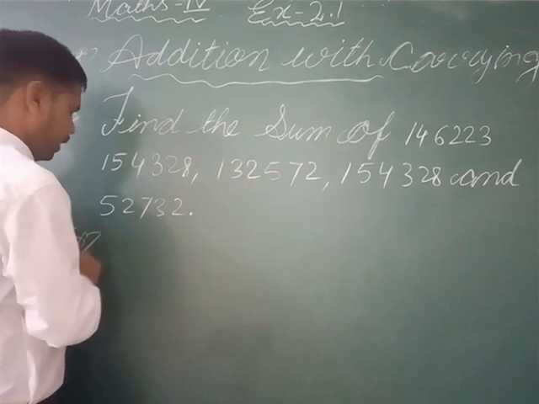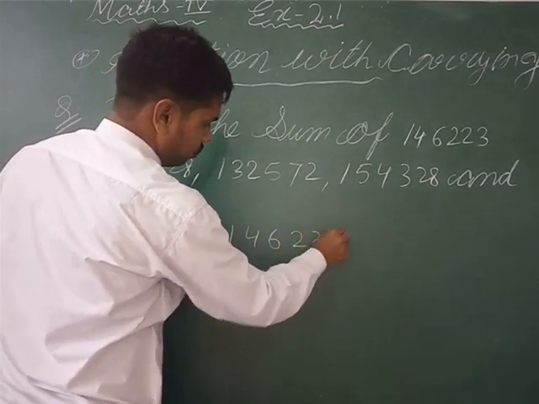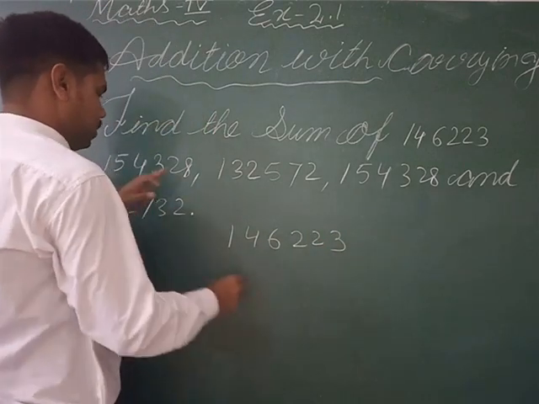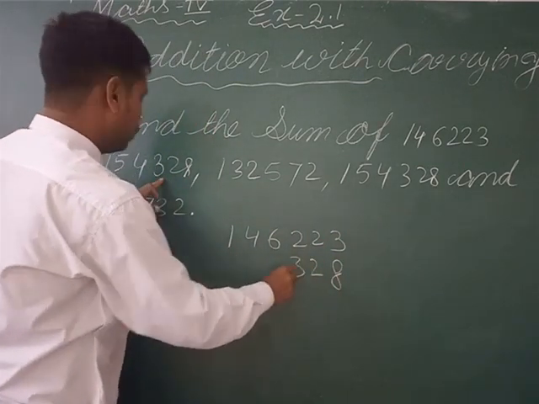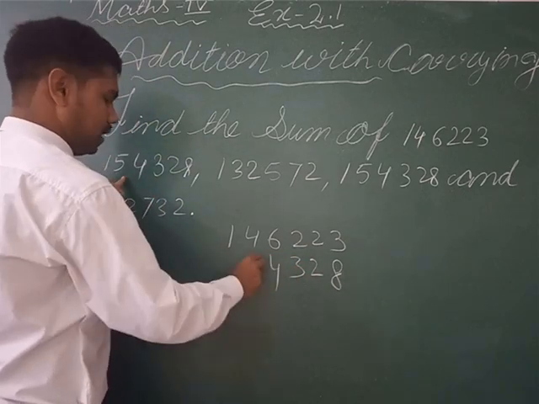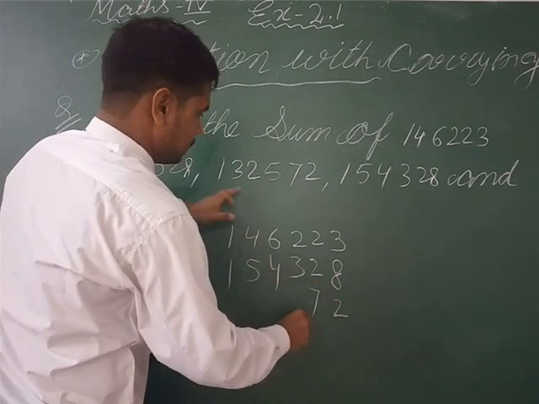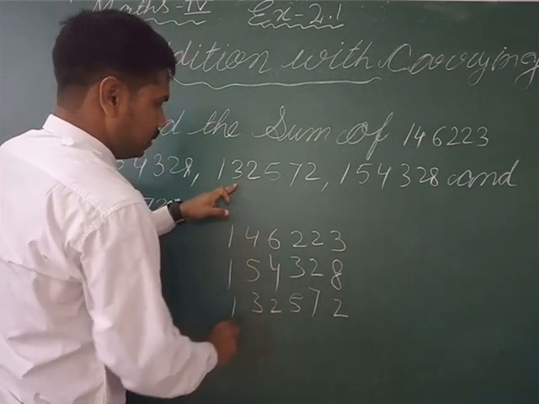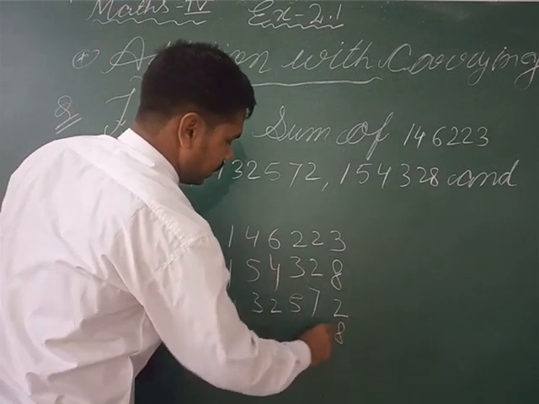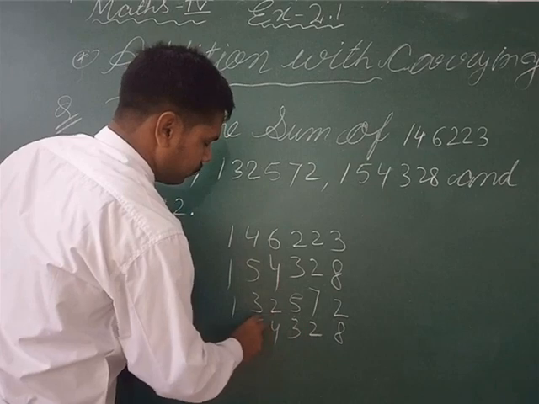The first number we have is 1, 4, 6, 2, 2, 3. The next number is 8, 2, 3, 4, 5, 1. The next is 2, 7, 5, 2, 3, 1. The next is 8, 2, 3, 4, 5, 1.